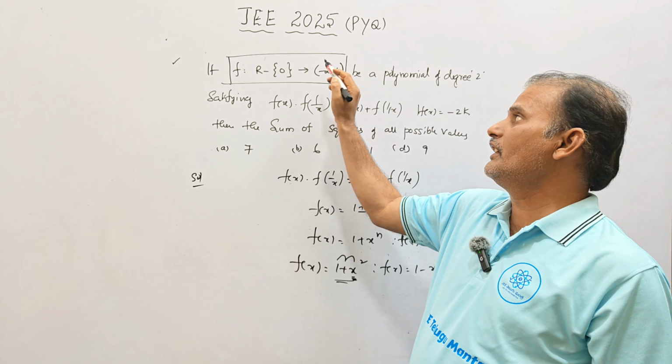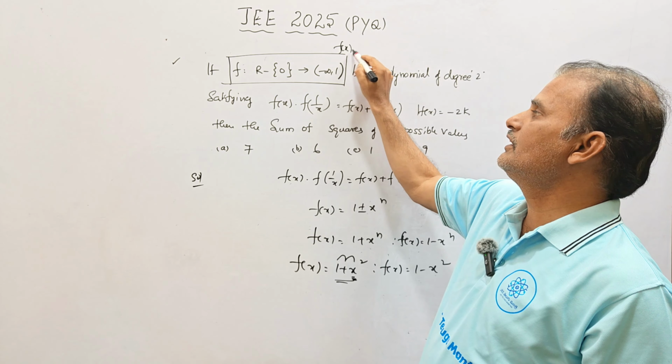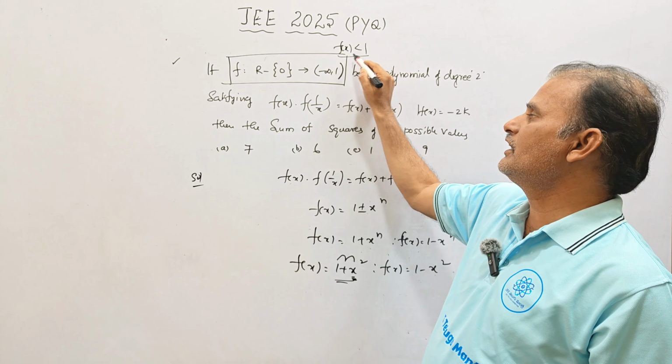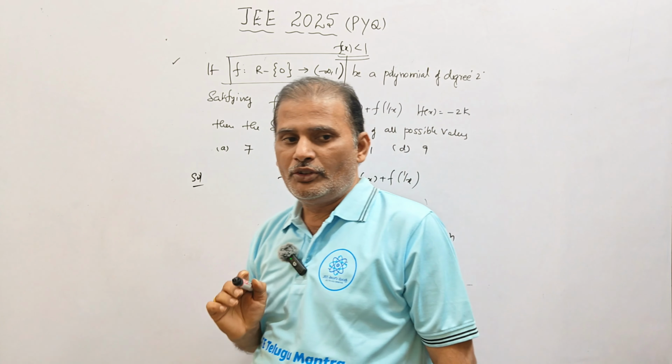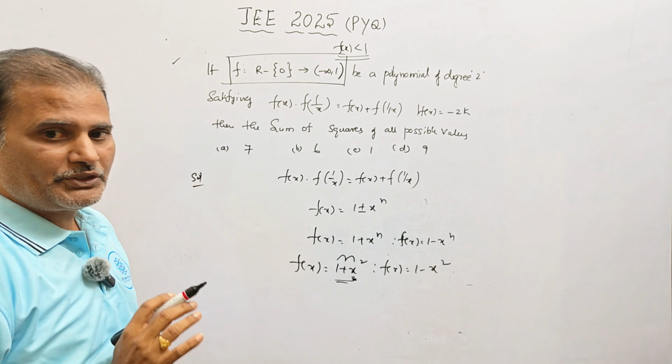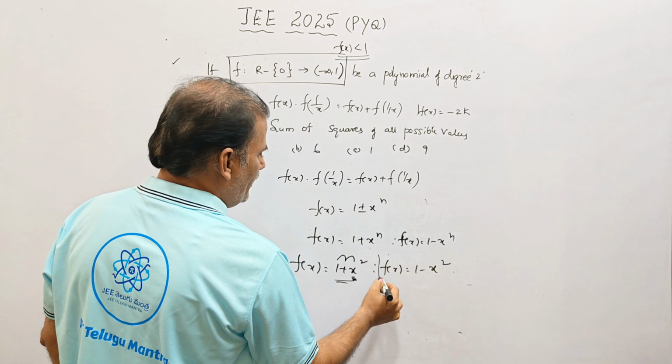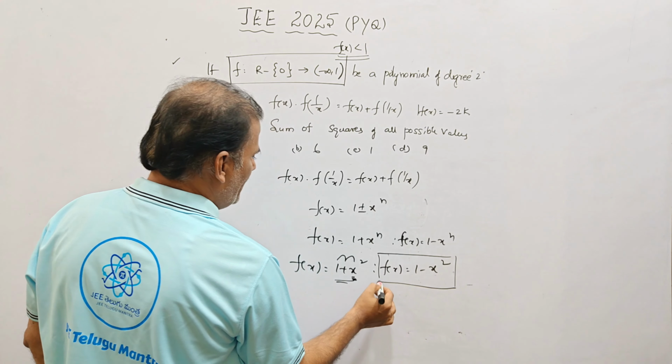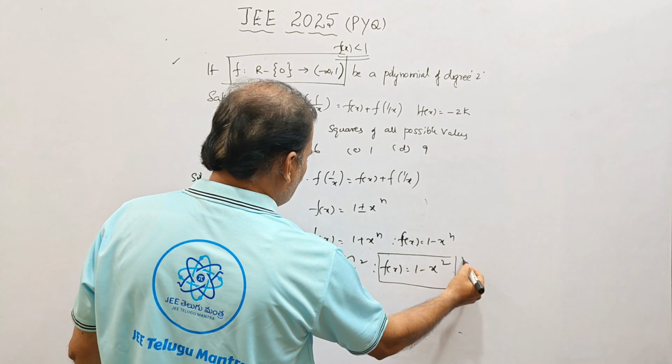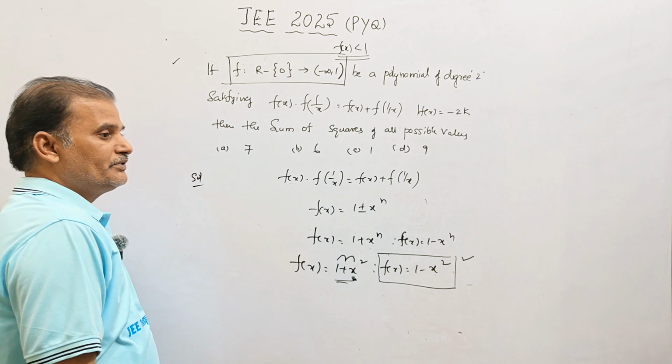But the condition is given that f(x) is less than 1, because 1 is an open bracket. Therefore, we don't take 1 + x². Just take f(x) = 1 − x². This is also very important.